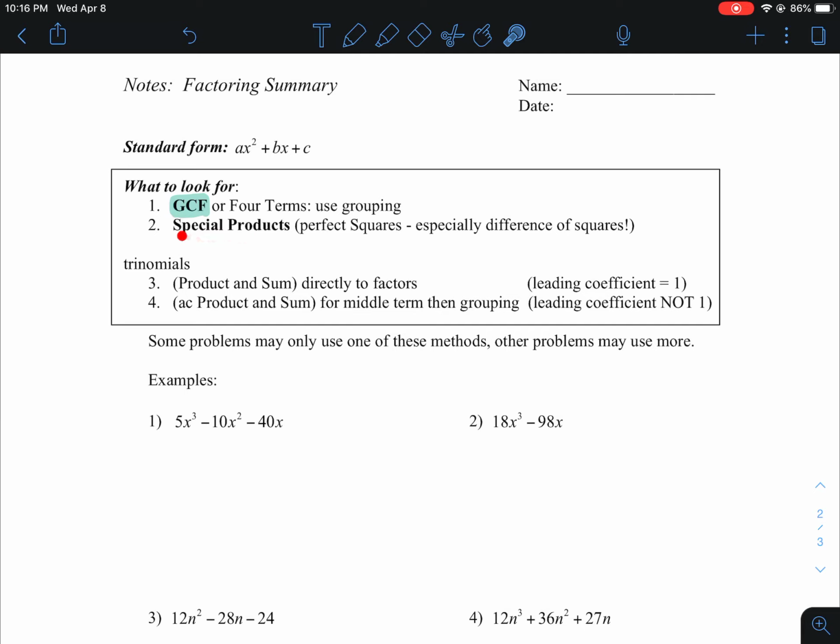Now, the second thing we're going to check for after our GCF is our special products. These are our perfect squares and difference of squares. If we see a special product, we can factor it super quickly, right?